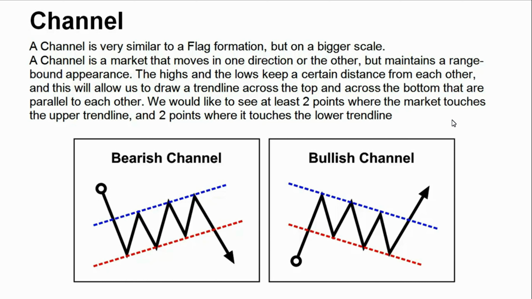The channel forms highs and lows. It also helps us to draw a trend line across the top and across the bottom that are parallel to each other. When this channel forms on actual charts, it forms a high. A high may be higher, another high may be lower than the previous high, and so on. We like to see 2 points when we are drawing our trend line to dictate this channel.